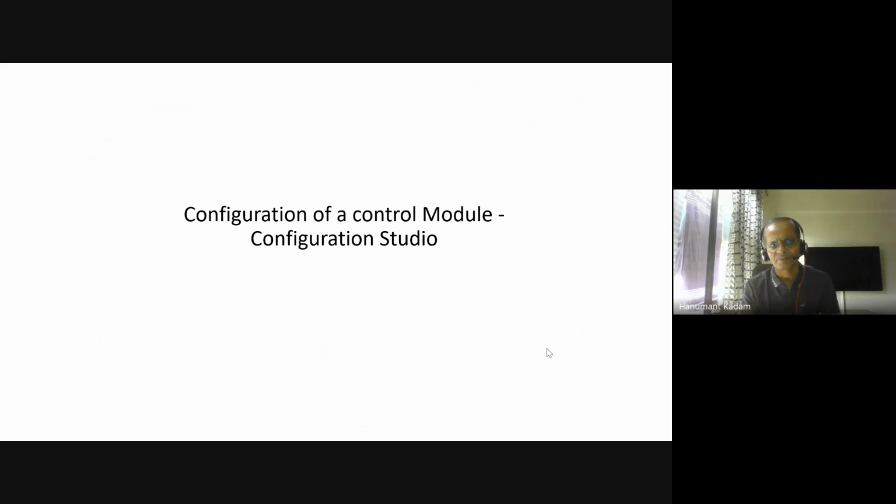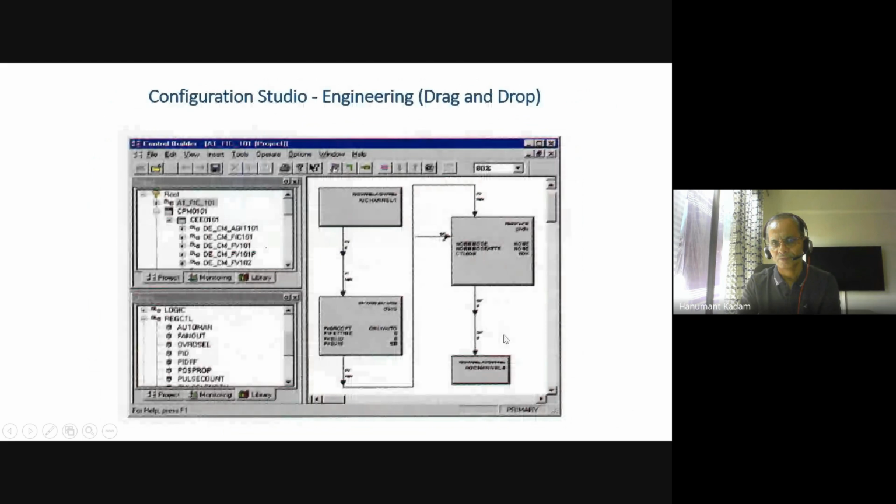There you can try. Configuration of the control module is very important, and the software required is Configuration Studio. The name of the tool in the Honeywell Experion system is Configuration Studio.